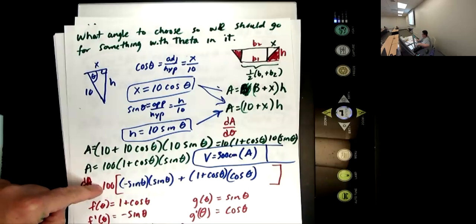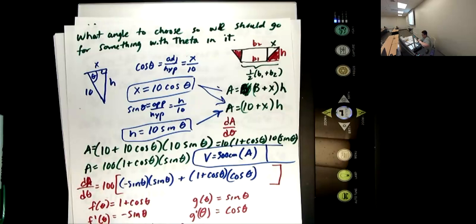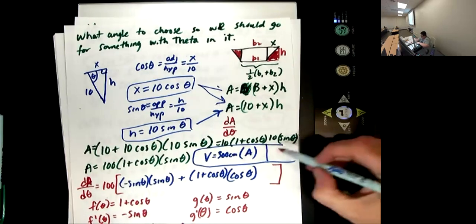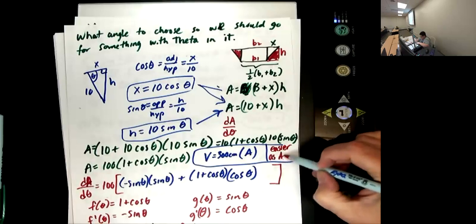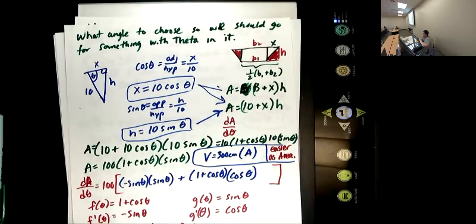I don't think our problem changed. I think we kept the simpler form by doing area, because the only thing it added was a constant multiplier, and that doesn't change with the derivative. So definitely easier as area. It's just got smaller numbers.